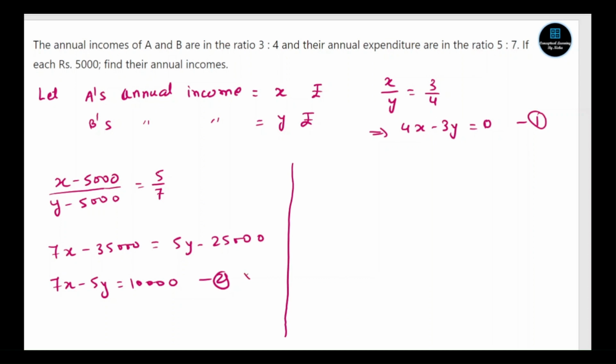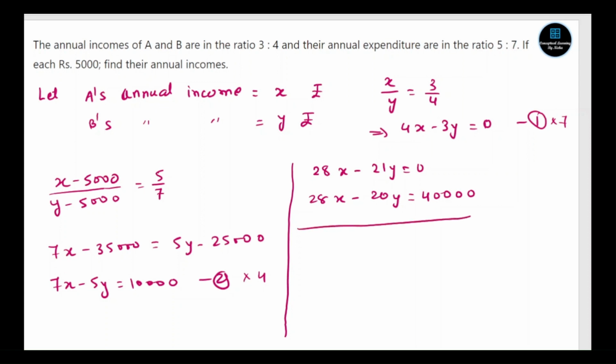I'm multiplying this by 4, this by 7 to eliminate. So what do we get? 28x minus 21y equals 0. And here 28x minus 20y equals 40,000.